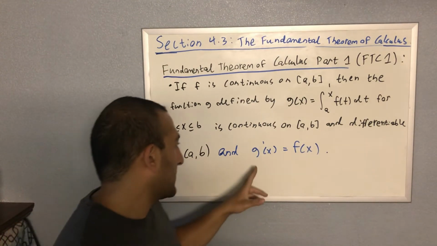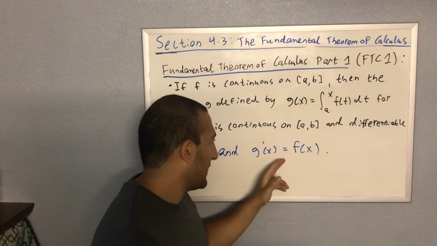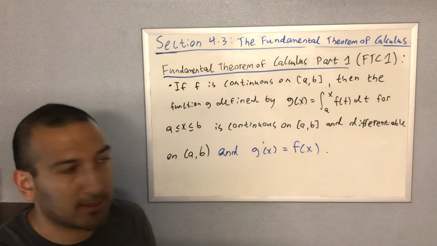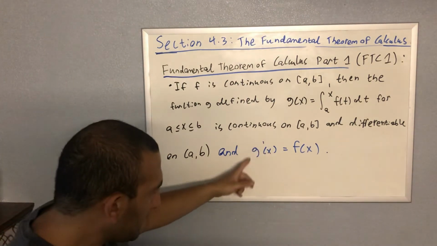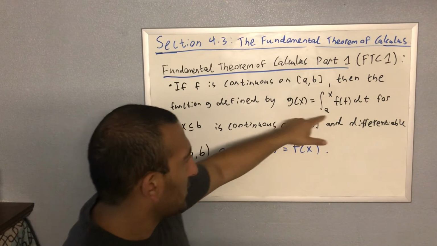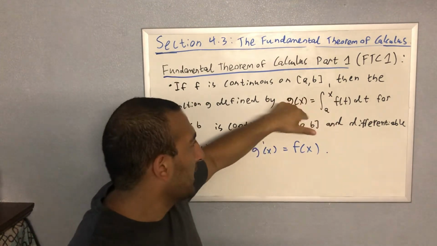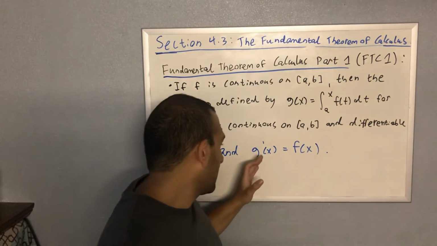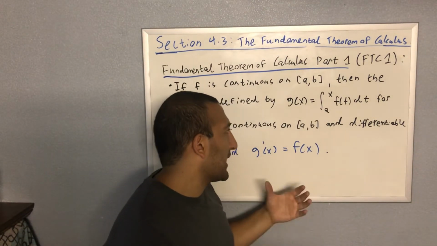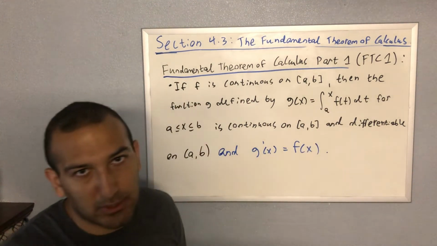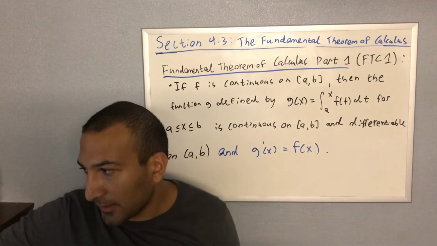And the key property is that its derivative will be equal to just the value of the function, which is pretty crazy. So the slope of the tangent line of this function, which is giving you areas, right? It's saying the rate of change of area is basically getting canceled out. When you take the rate of change of the area, you just get back the original function. And we've kind of seen this already as well.